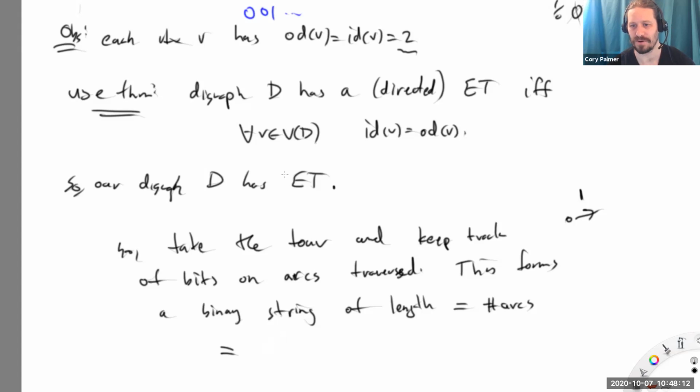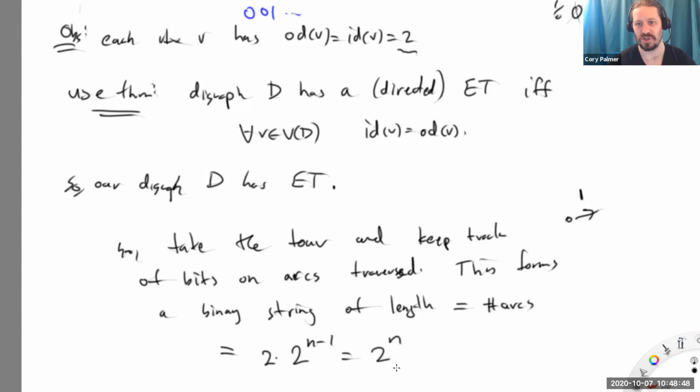Actually, handshaking lemma for directed graphs is simple here, but there's 2 to the n-1 vertices, and each vertex has, actually not degree, but say out degree 2. So the out degree for every vertex is 2 times the number of vertices gives me the number of arcs. I don't need to involve in degree, because this nicely, unlike ordinary graphs, counts every arc once. Because they're directed, I only count them once. So the length is 2 to the n. So I created a binary string of length 2 to the n.